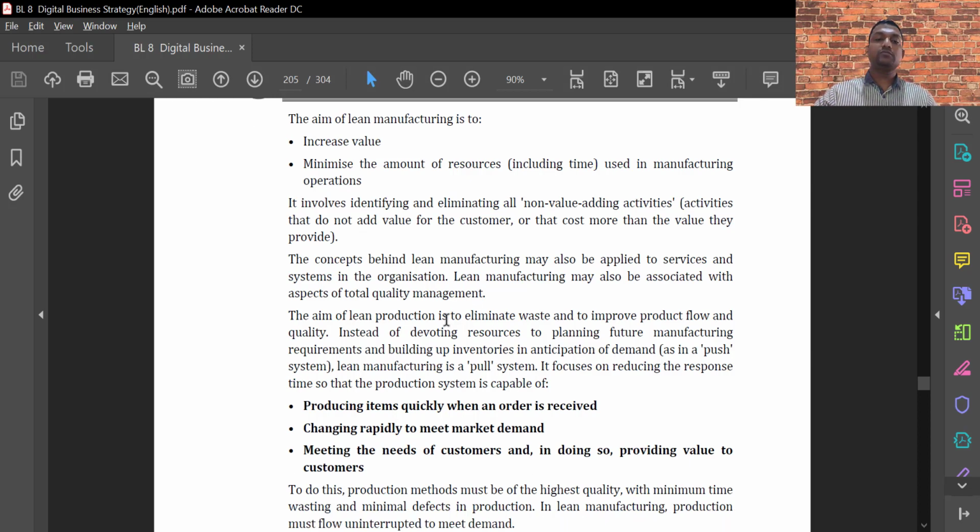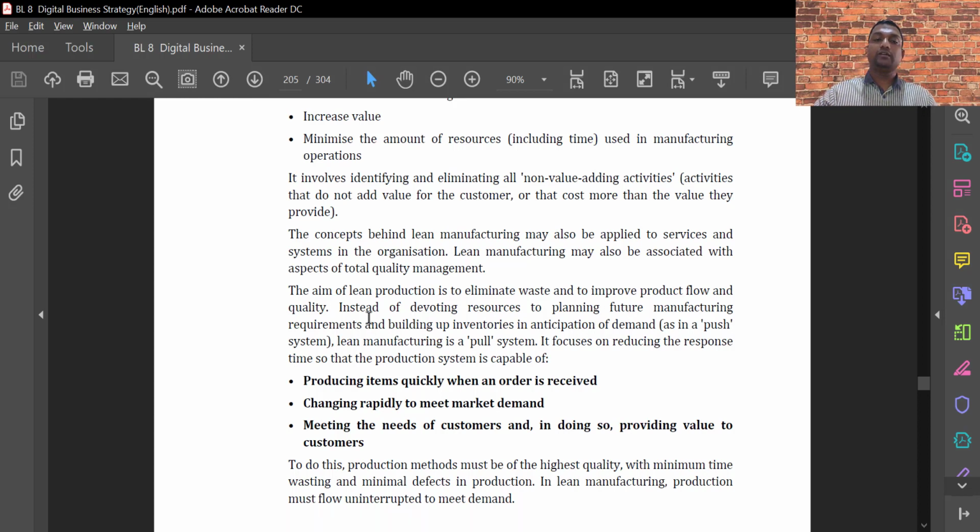So there are several explanations. Now you can also see this is to eliminate waste and to improve product flow and quality, instead of devoting resources to planning future manufacturing requirements and building up inventories in anticipation of demand. As in a push system, so lean manufacturing is a pull system.